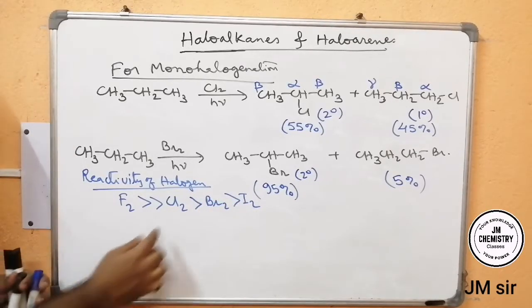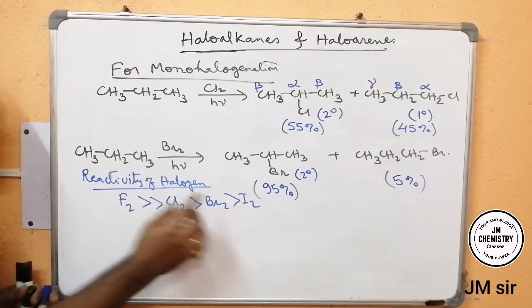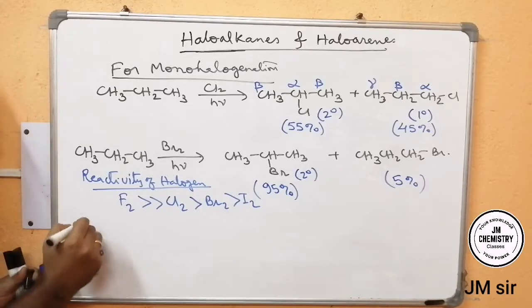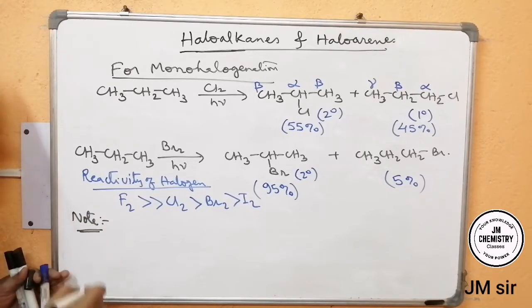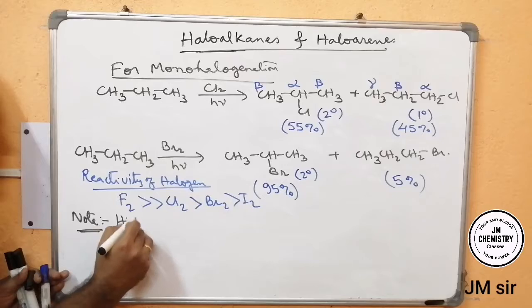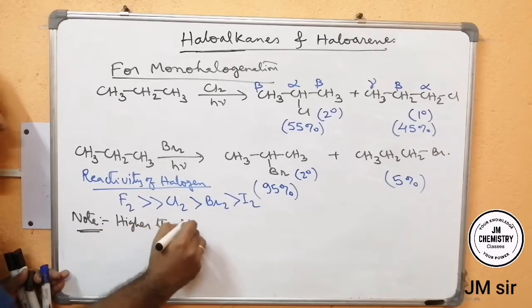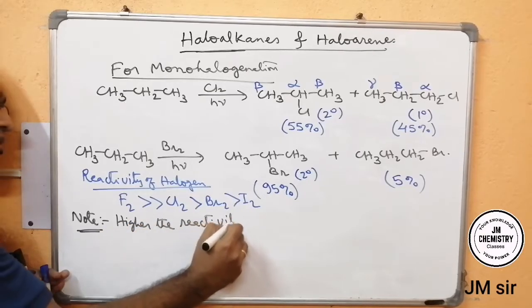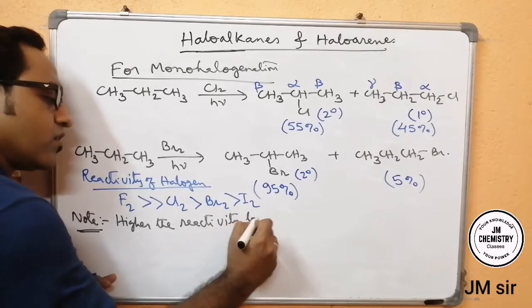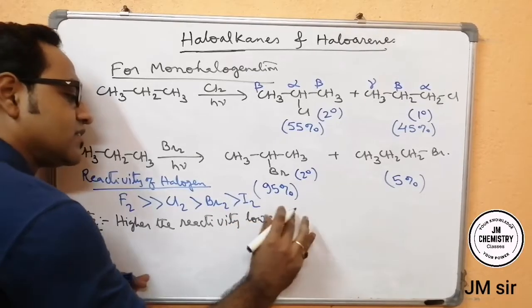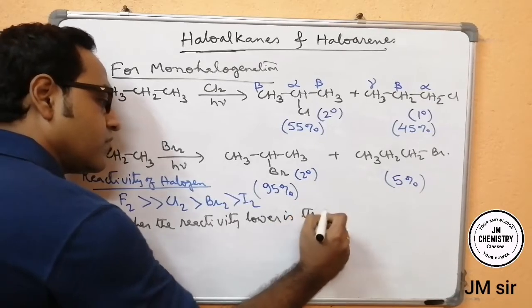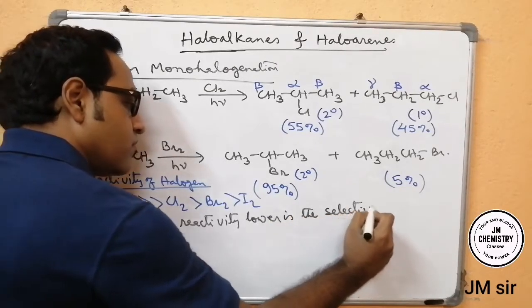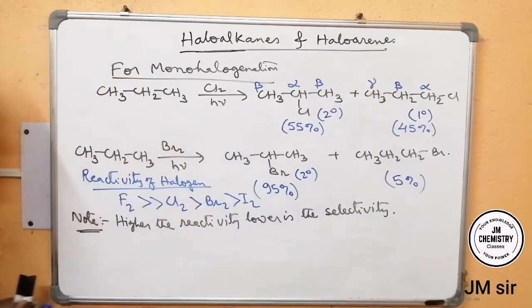So here chlorine is more reactive than bromine. So remember one thing, note: higher the reactivity, lower is the selectivity.